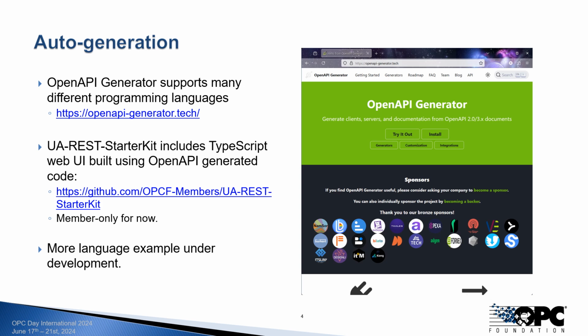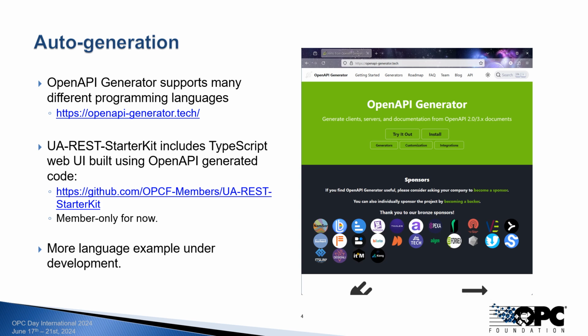One common tool available is OpenAPI Generator. It supports a wide number of languages, and we've been testing it with the OpenAPI file that we're publishing and making sure that it's generating useful code. We have examples using TypeScript that are currently in GitHub.